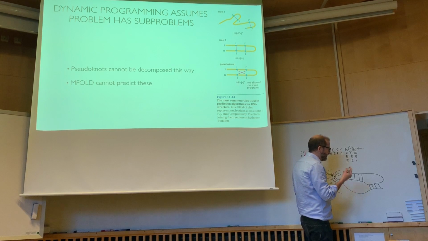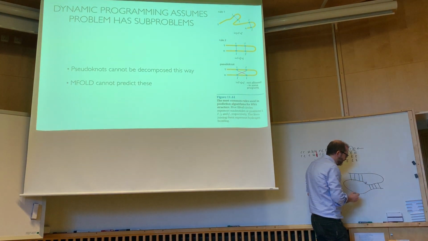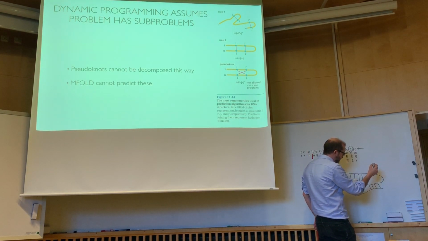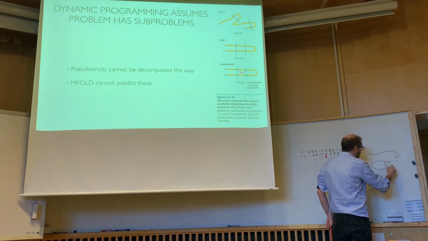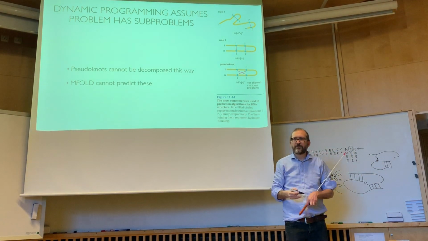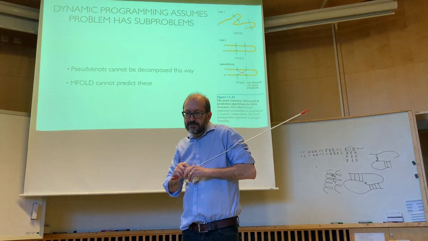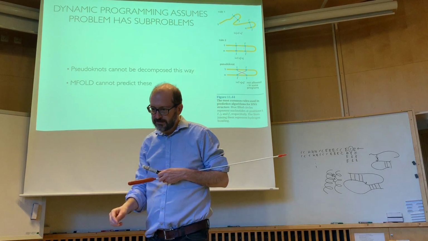That's not something you can break into a subproblem, because if you were to cut it here, you'd have something like this, and then something else that looks like this. You could do this thing on it, but this interaction across here, you won't be able to get. So there are some structures that can't be broken up into subproblems, and pseudoknots are an example.